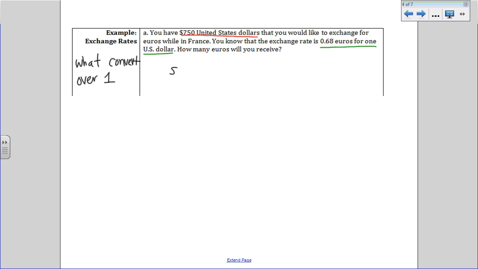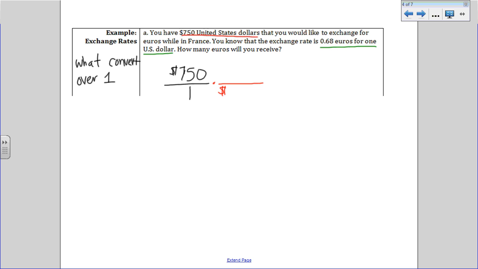So I have 750 US dollars over 1. I've got my labels. Now I need to set up a ratio, but I know if I have US dollars here, US dollars is going to go in the denominator.